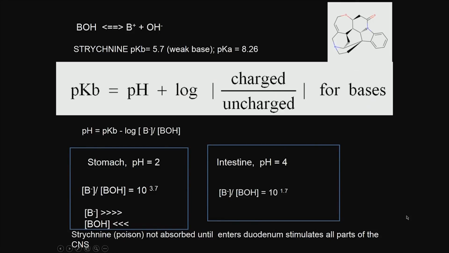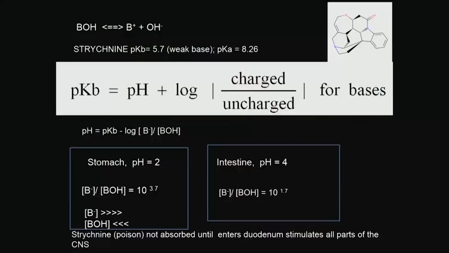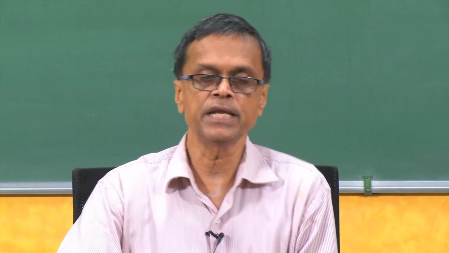So that is a very interesting strategy for designing quick-acting drugs and slow-acting drugs, by changing the pKa and pKb. This is also very important for you to understand, because it tells you about the pharmacokinetics of the drug.